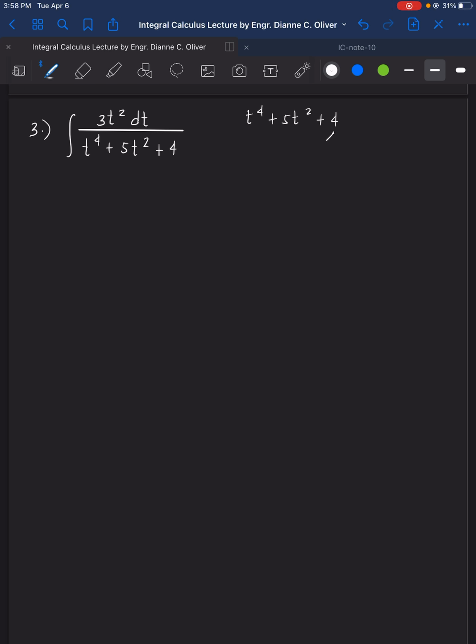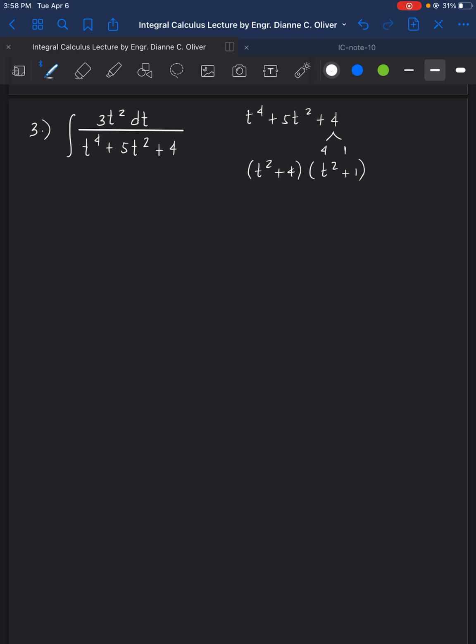What numbers do we multiply to have 4 here? 4 times 1, so that if we add them, it becomes 5. So the factor of this becomes t squared plus 4 times t squared plus 1.